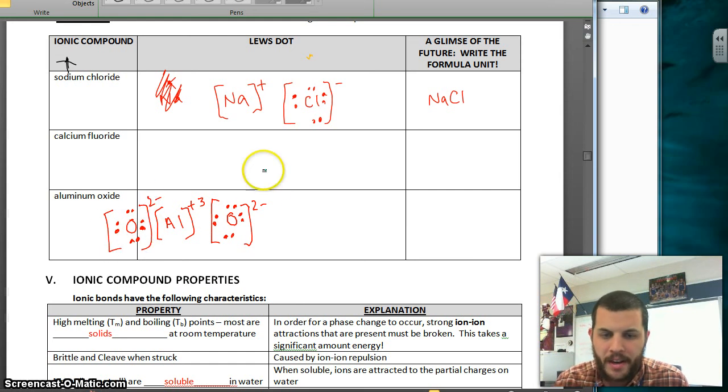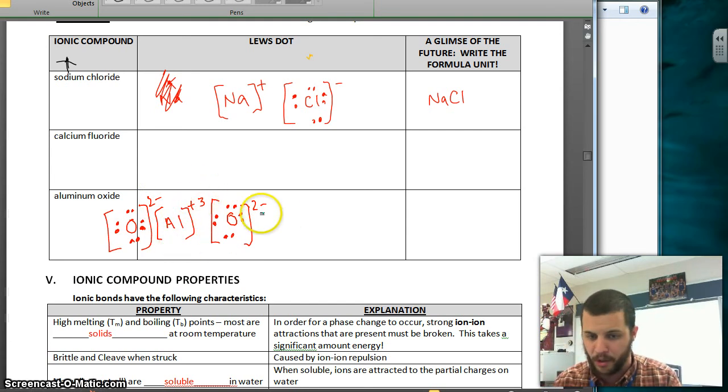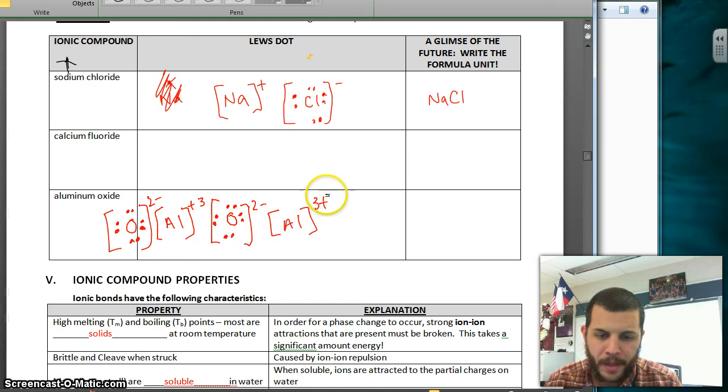Well, guess what? Now my charges are still off. So I've got 4 minus charges and 3 positive charges. Since I have fewer positive charges, I have to add another aluminum ion. So let's add aluminum with a 3 plus charge. So now I've got 2 minus, 4 minus, and 6 plus. So now, as you're probably able to tell, I'm going to add 1 more oxide ion.